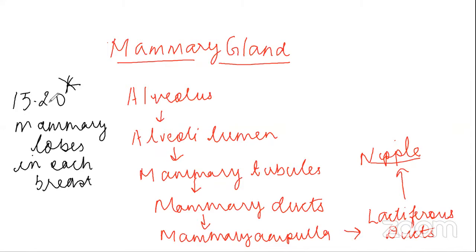And each mammary lobe is divided into numerous alveoli, and the alveoli has a lumen.